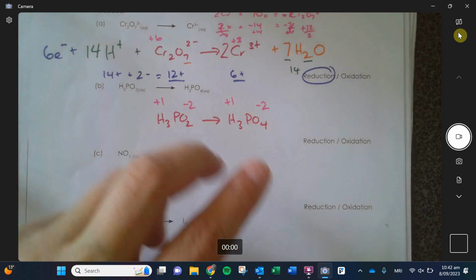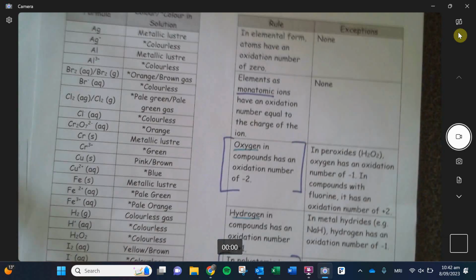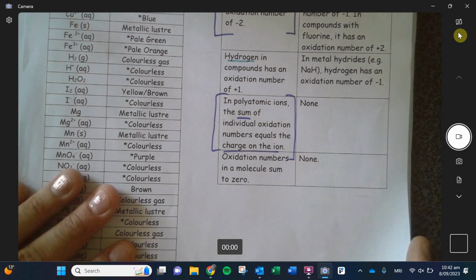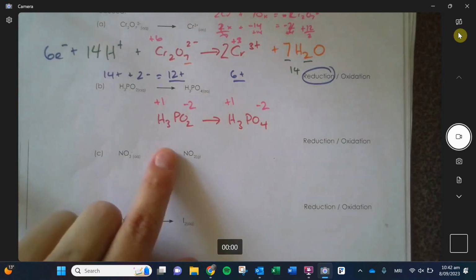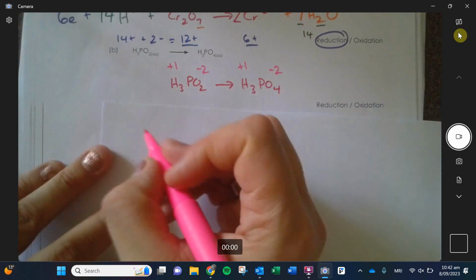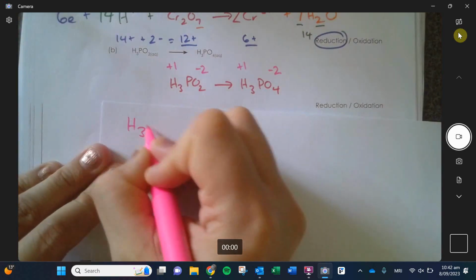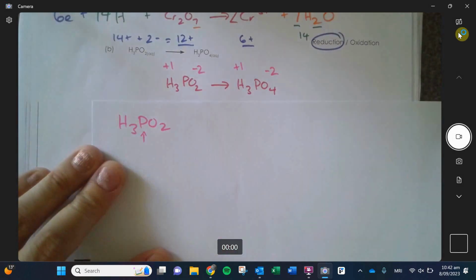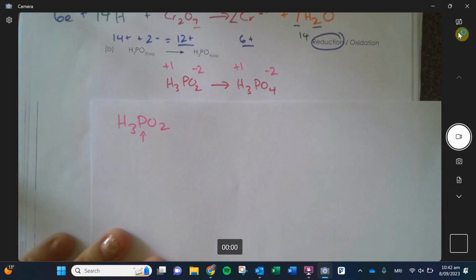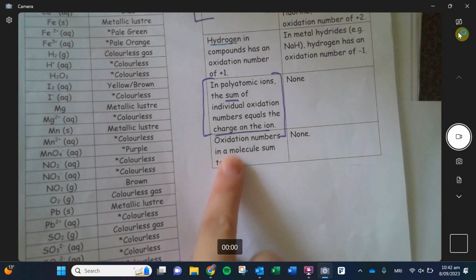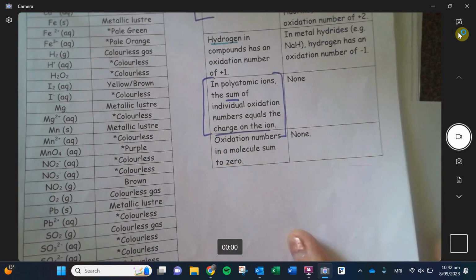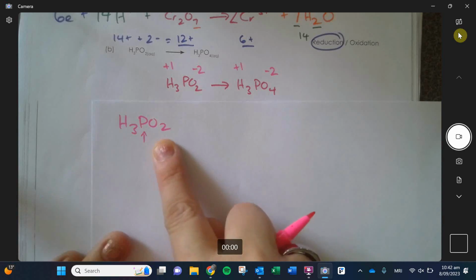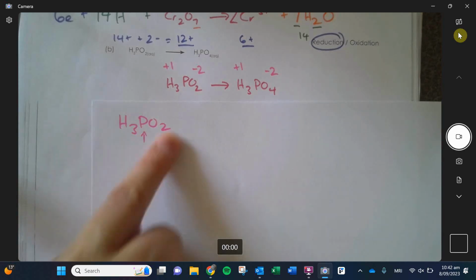All right. Phosphorus is the last one I use. Phosphorus is not on my list as a specific rule, so I need to do oxidation math to figure that out. In the first one here, I have my H3PO2, and I want to figure out what the phosphorus is. So I can use the final rule here: oxidation numbers in a molecule sum to 0. So if I know the oxidation number of hydrogen and oxygen, because the total equals 0, I can figure out phosphorus.